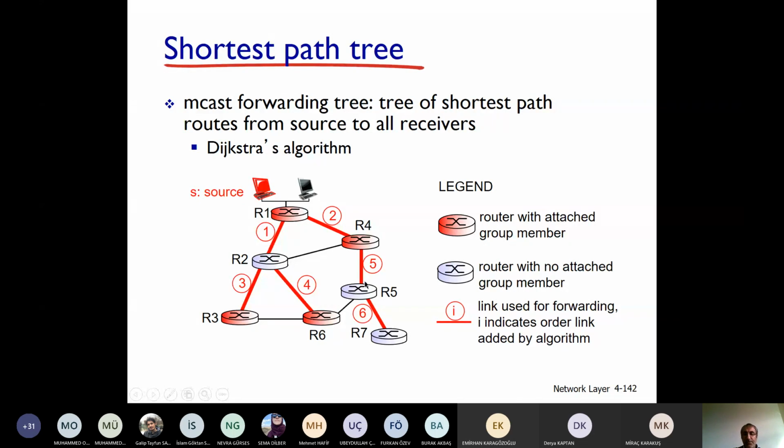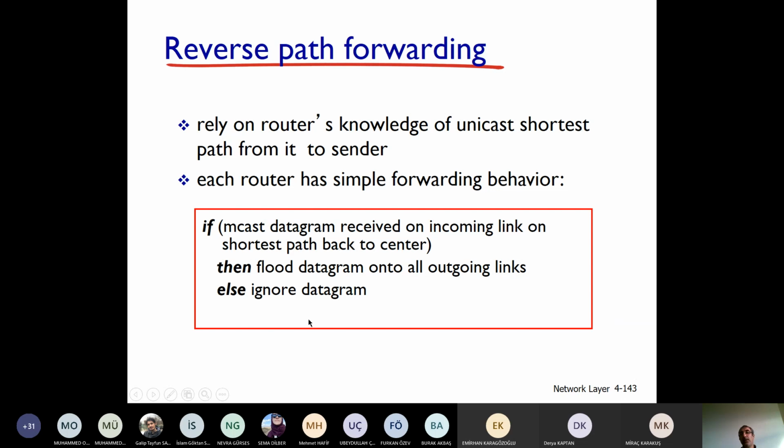I receive a datagram from path 4, which belongs to the shortest path tree. Then I'm going to flood it to all the outgoing links, to R3, for instance. But if I receive a datagram from R5, over the black link, then I'm not going to forward it. I'm going to discard this datagram, ignore it. This is how reverse path forwarding works.